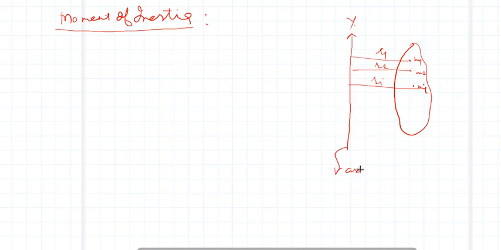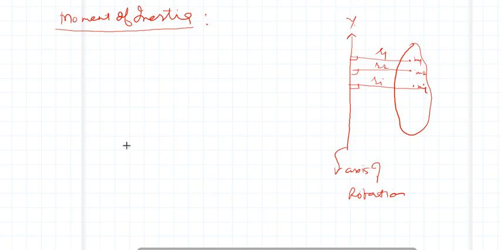This is the axis of rotation, and I am considering a rigid body and a few points over it. So it is m1, m2, and mi, and their perpendicular distances from the axis of rotation are r1, r2, and ri.